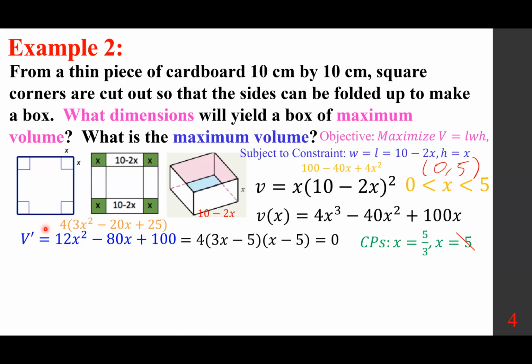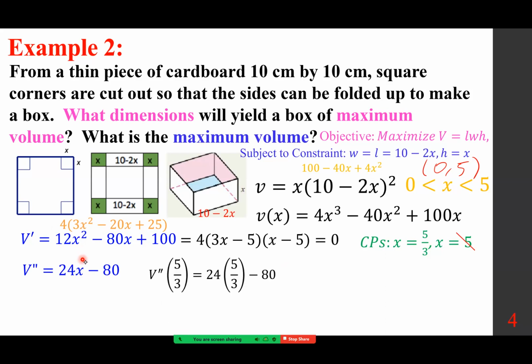So we take the derivative again, becomes 24x minus 80. We're going to evaluate this at the one and only critical point 5/3. That means plug in 5/3. So 8 times 5, 40 minus 80 is negative 40. And remember, we are interested in the sign.